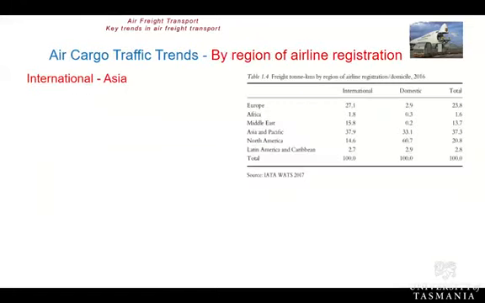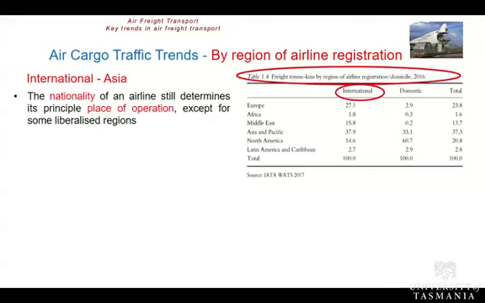The next trend I want to look at is the trend by region of airline registration. So in terms of where the airlines reside that are carrying the majority of cargo around the globe, Asia stands out as number one.